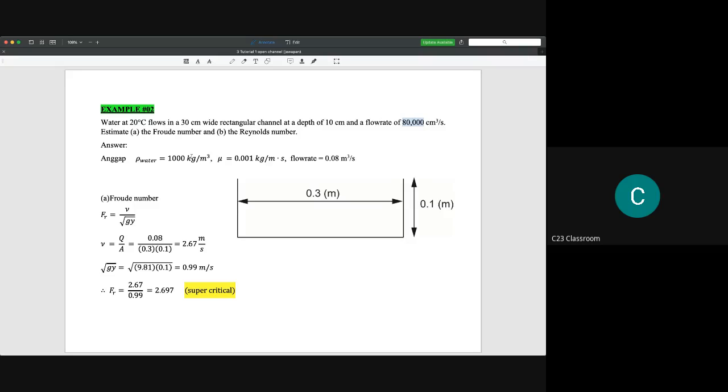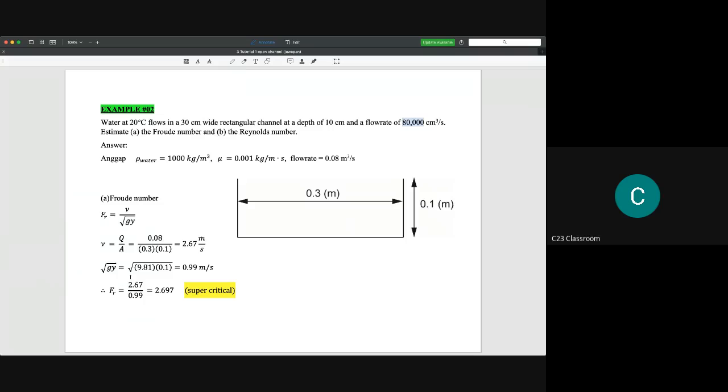Okay, first question, they ask you for the Froude number, and this is the equation for the Froude number, velocity over square root of gy. Velocity can be found from the flow rate divided by the cross-sectional area, and we get about 2.67 meter per second.